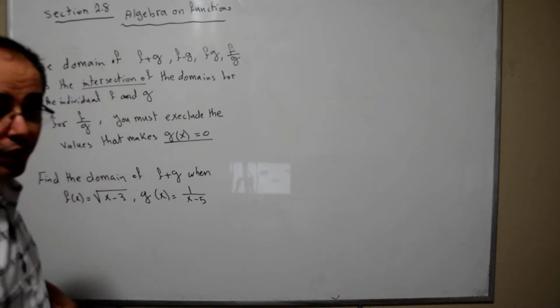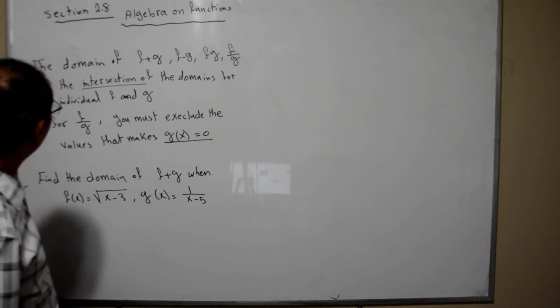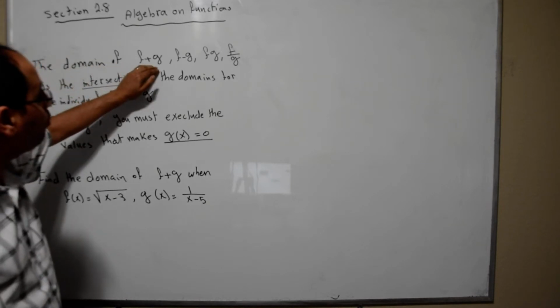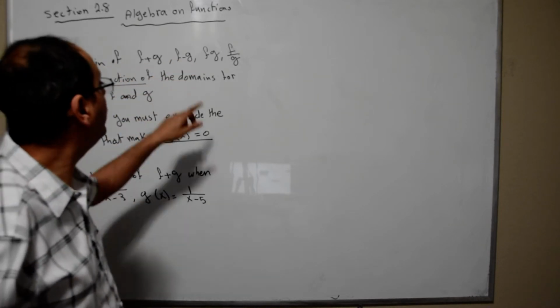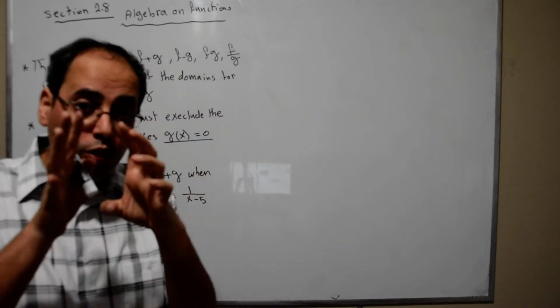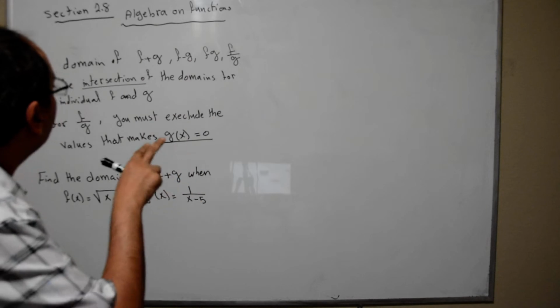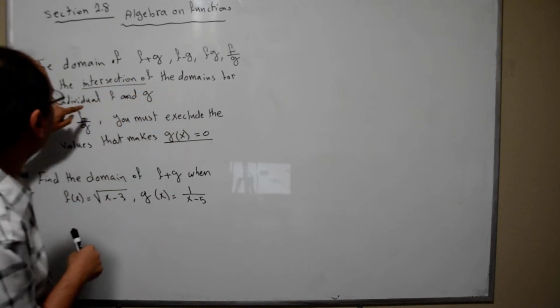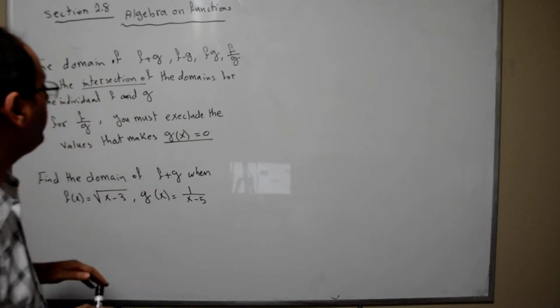In order to find the domain, we have to define the domain of f plus g, f minus g, f times g or f over g as the intersection between the domain of the individual f and g.